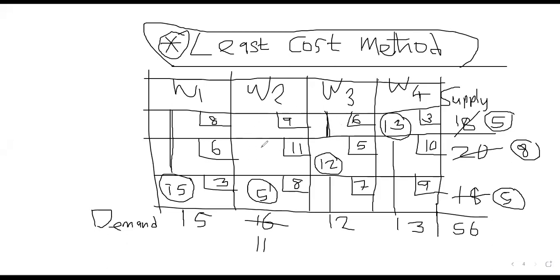So here, the smaller number here is 9. So meaning here, the supply is 5, but the demand is 11. So even if the demand is 11, we can only supply what we have, a 5.